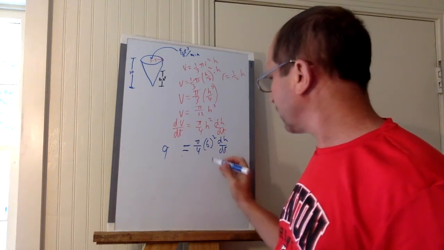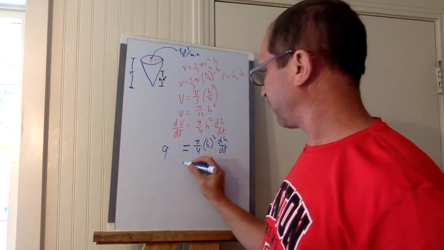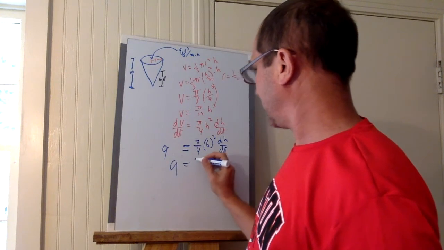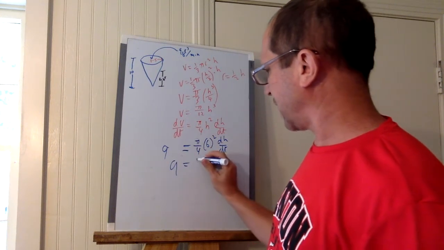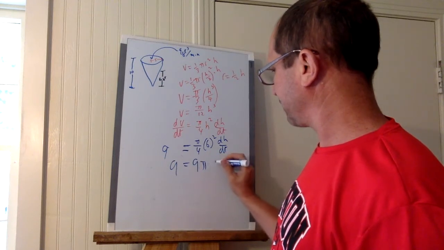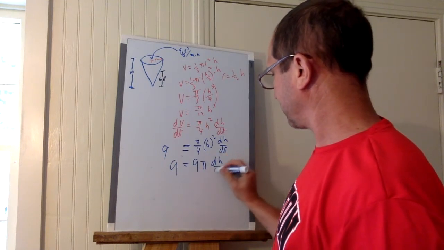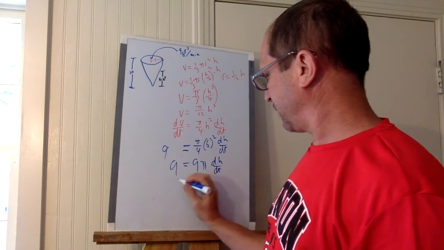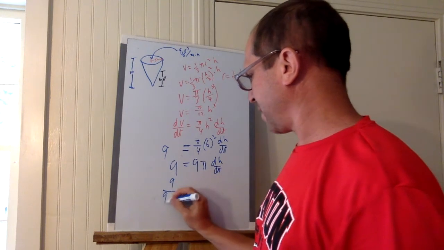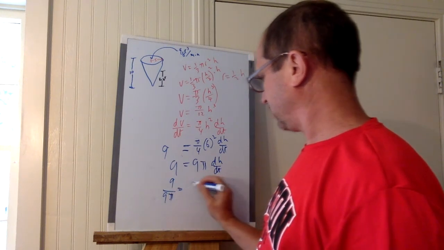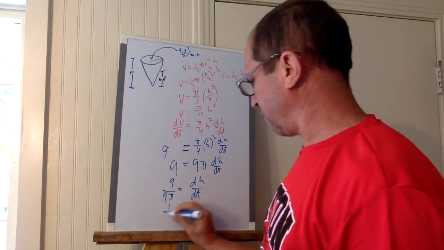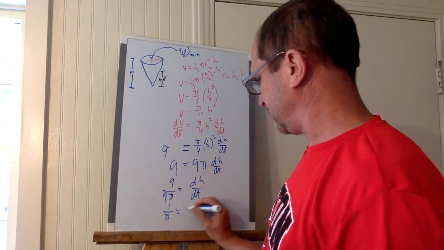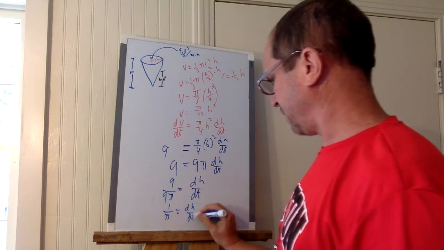So from here, let's do some simplifying. We get 9 equals, okay, this would be 36. 36 over 4 is 9, so 9 pi dh/dt. So 9 divided by 9 pi equals dh/dt. So we get 1 over pi is dh/dt.